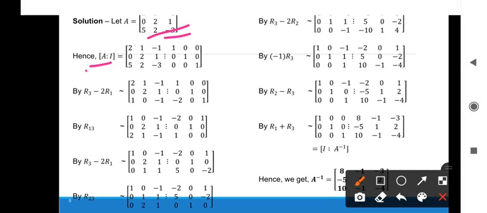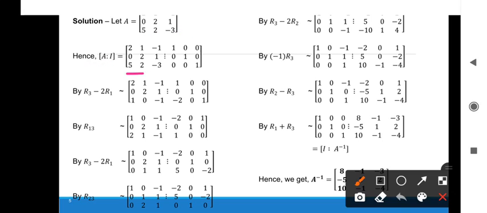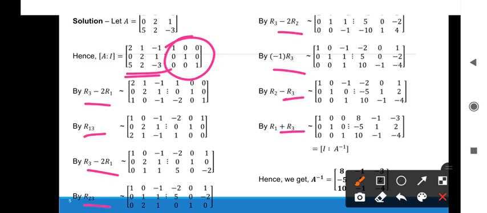Only to write the given matrix in augmented matrix form using the identity matrix of the same order, and then to reduce this A matrix to the identity matrix, and you have to apply the same row transformations on the identity matrix also, so as to get the inverse of the given matrix. So this method is also very similar to the method of finding inverse of a matrix using row transformations, which you have learned in 12th standard.